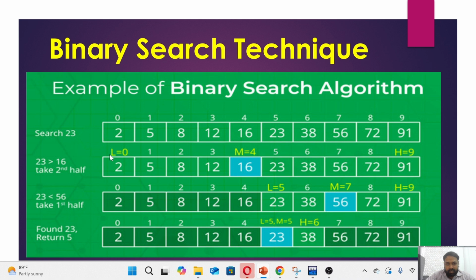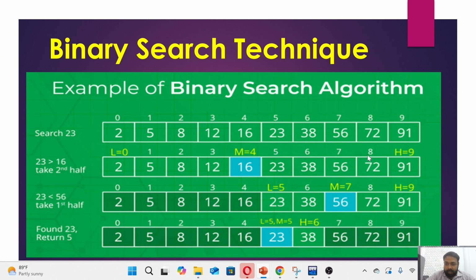Just take the array, find the mid index, and check whether it is in the first half. If it is in the first half, just concentrate on the first half; if it is in the second half, just concentrate on the second half. If it is in the first half, again go for the formula low plus high by 2; high is now mid minus 1. If it is in the second half, again apply the formula low plus high by 2, but low is now mid plus 1.